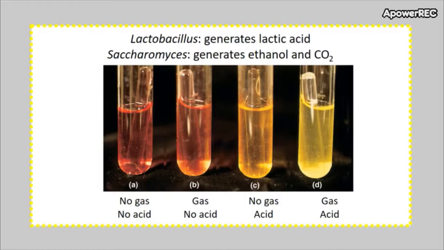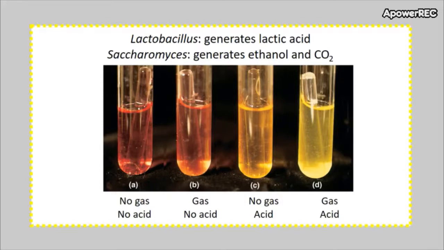In example C, we have no gas, but there is an acid that's produced. So in the process of finding a terminal electron acceptor, some sort of an acid is produced. This can be lactic acid, for example, and so lactobacillus could be C in this example.